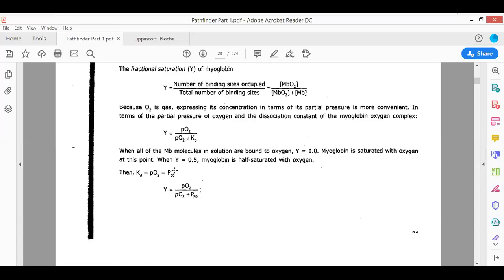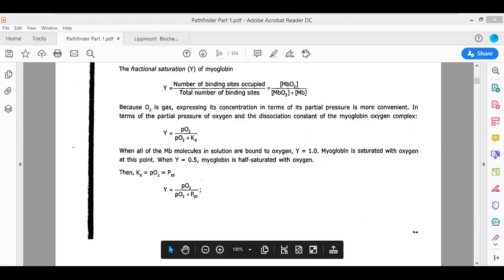That means half of the myoglobin molecules will be dissociated. When Y equals 0.5, myoglobin is said to be half saturated with oxygen molecules. Okay. Now what you find is that this is partially saturated with oxygen molecules.